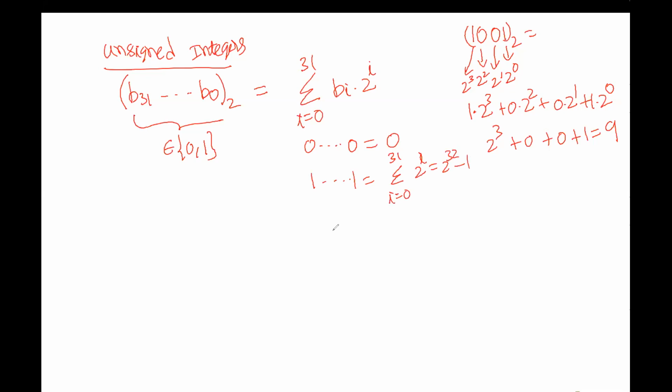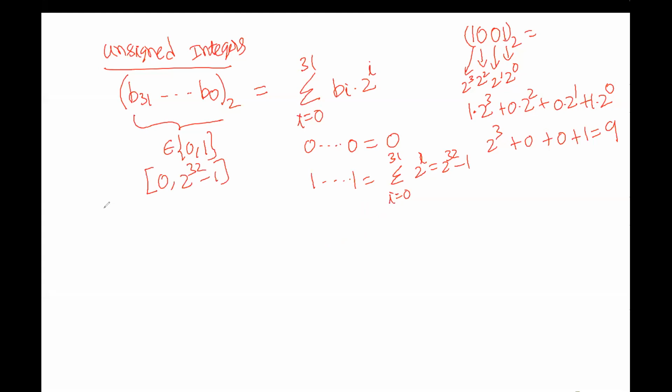So the range of values that you can represent using 32 bits is 0 to 2 power 32 minus 1. Great. So now let me write this here. The range of values that we can represent here is 0 to 2 power 32 minus 1.